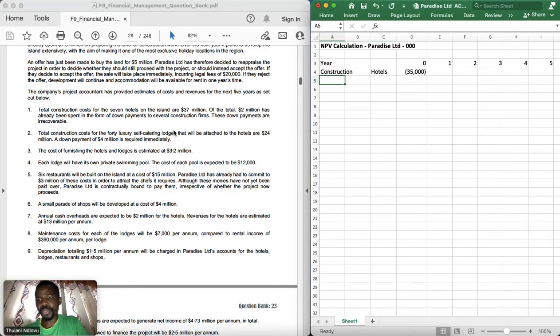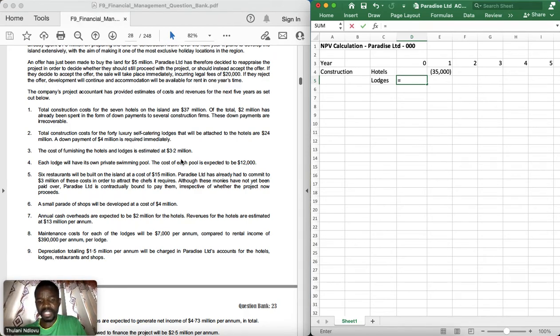Then note number 2, total construction for the luxury self-catering lodges. So construction of lodges: we are told that a down payment of 4 million is required immediately.